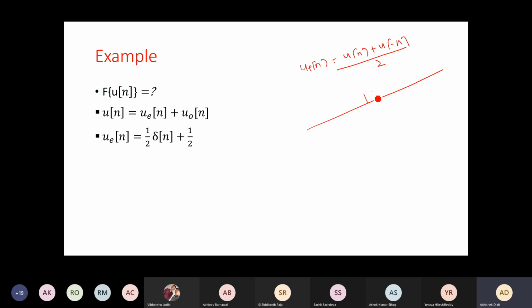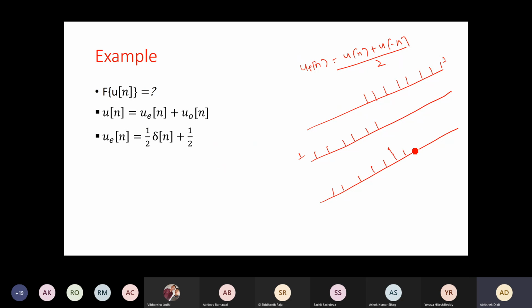Picture: un is something like this. U minus n is something like this. Right? Amplitudes 1, amplitude 1. If I add the two things, what will I get?